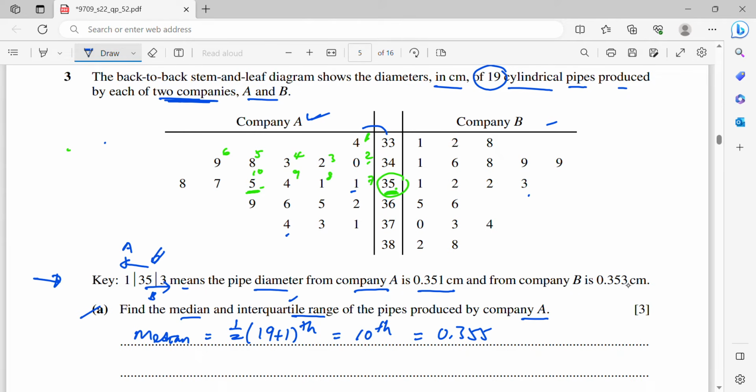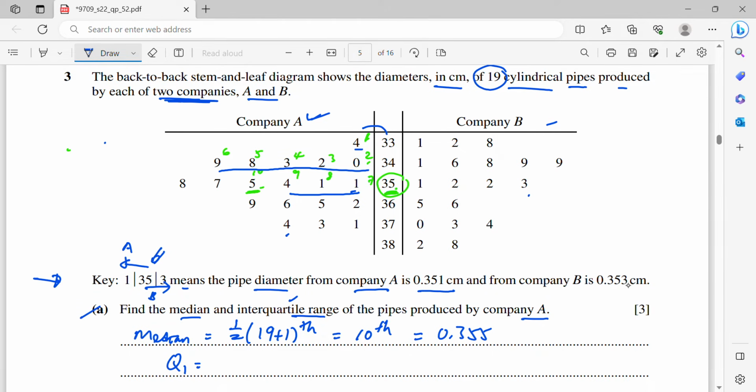We know that the interquartile range is Q3 minus Q1. So we get Q1 first. Q1 is basically the median of the lower half. Since your median is the 10th reading, we have 9 readings before the median.